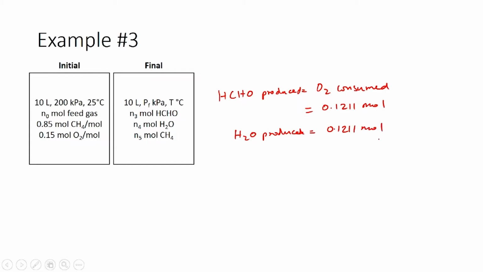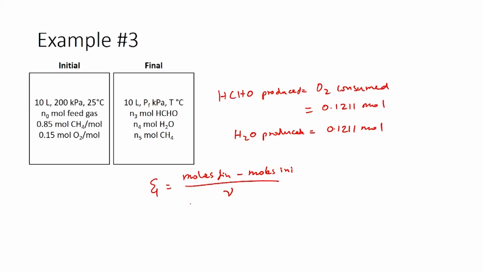Now that we have the number of moles of each component in the final condition, we can also calculate the extent of reaction. This extent of reaction would be required when we perform the energy balances, right. We have been told to use the heat of reaction method, so we need to know the extent of reaction. We will calculate the extent of reaction as moles final minus moles initial divided by the stoichiometric coefficient.